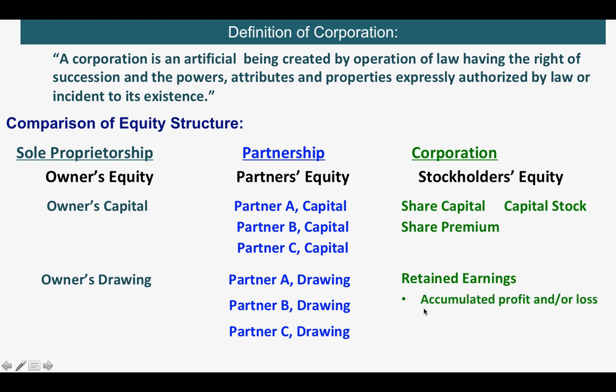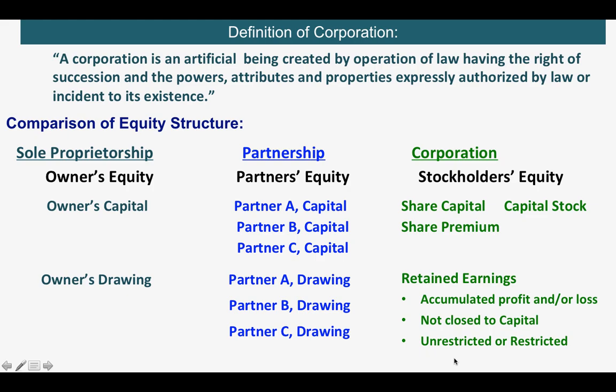Class, the retained earnings is, as discussed, for accumulated profit and or loss. Here we are not closing the retained earnings to the share capital. It is not closed, so the balance will be carried forward.